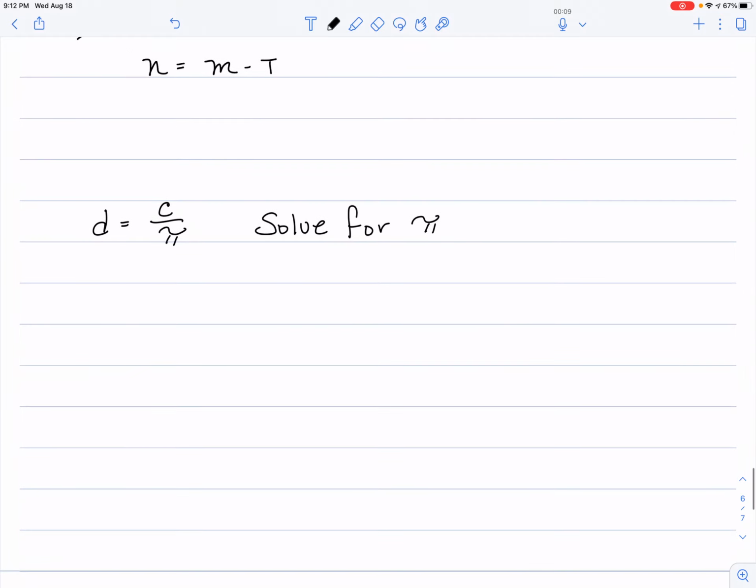And then the last one, we have d equals C over pi, and you're solving for pi. So one way to do it is to multiply both sides by pi. Pi is going to cancel, and then you're going to have pi times d equals C, and then you would divide both sides by d.